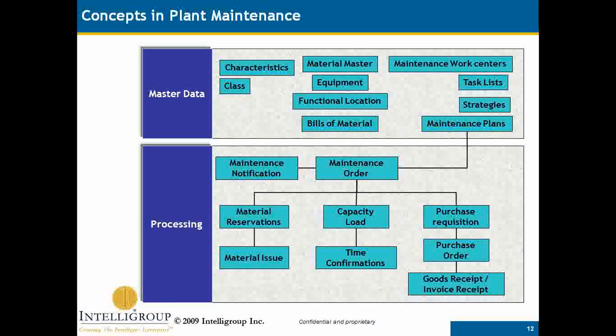The cost is transferred from the stores to your maintenance order once it is issued. That is the material part. Going forward, I will tell you about stock items and non-stock items, the non-stock process and the stock process.